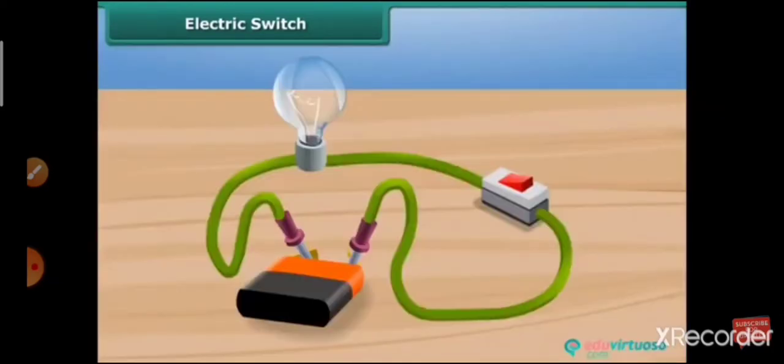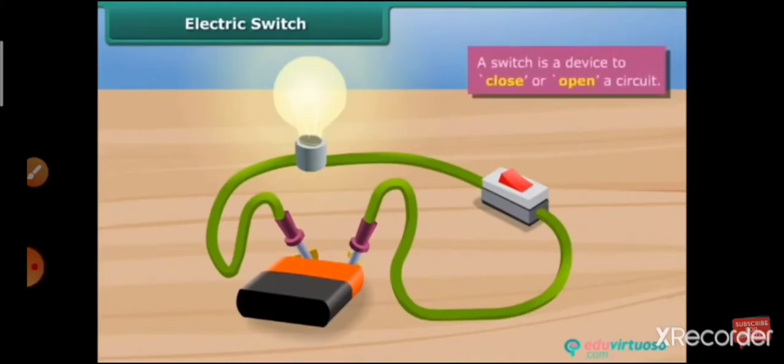This breaks the circuit and the bulb glows no more. A circuit is made in such a way that under normal conditions the circuit remains open. The current does not flow through the circuit. When we press the other end of the switch, it gets connected to the closed circuit.